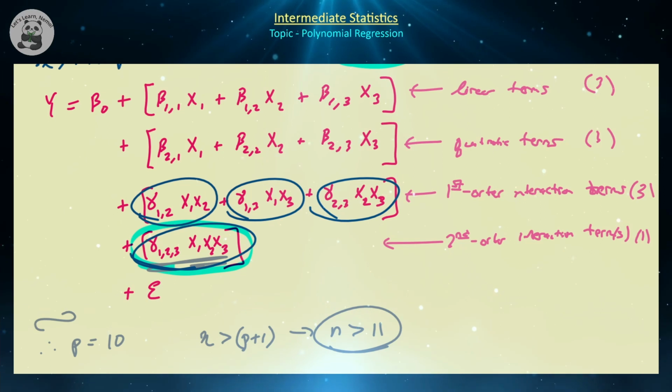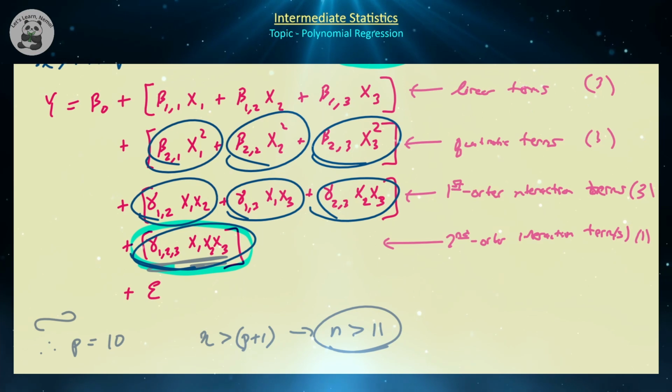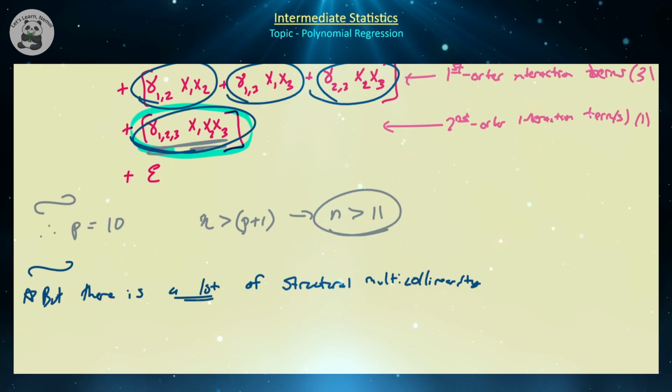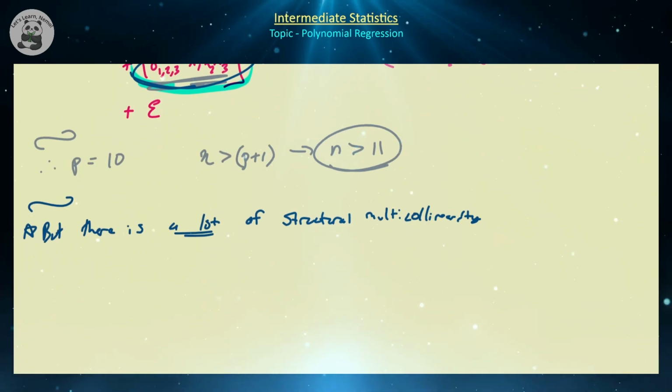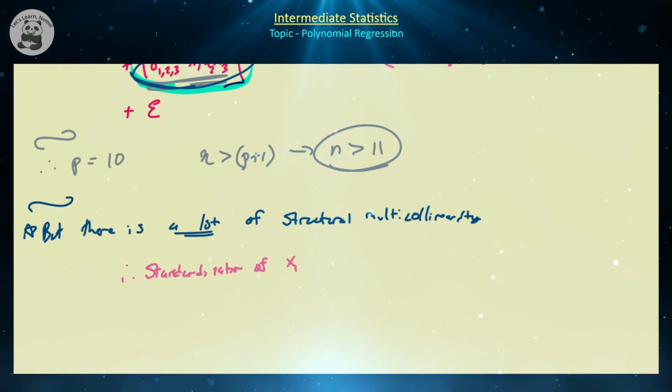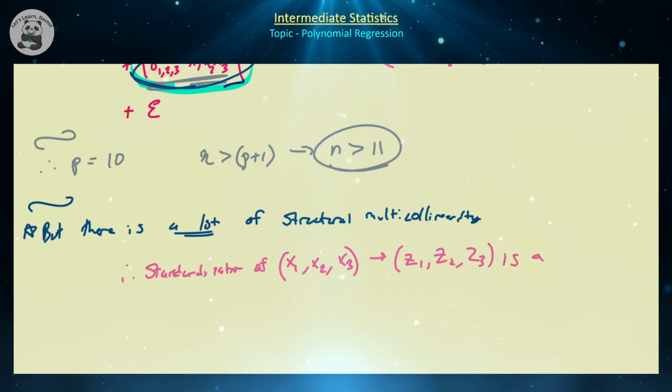And obviously I'm missing my exponents, 2, 2, and 2, so technically those are also multicollinearity issues. So out of our 10 terms, 7 of them have that multicollinearity issue, which is 70%, which is pretty big. Therefore, standardization of x1, x2, and x3 into z1, z2, z3 is a practical must.